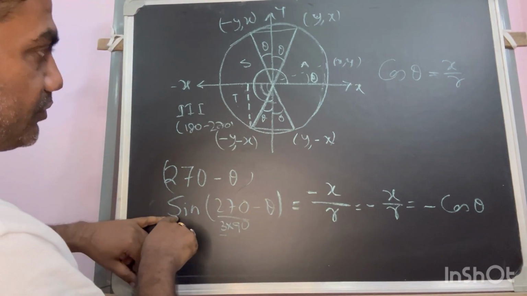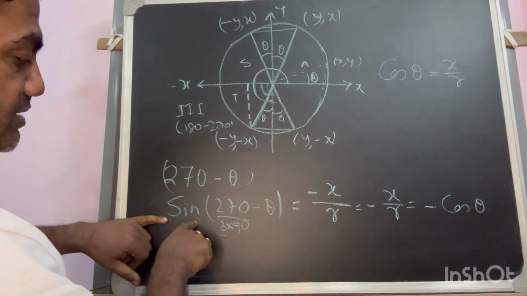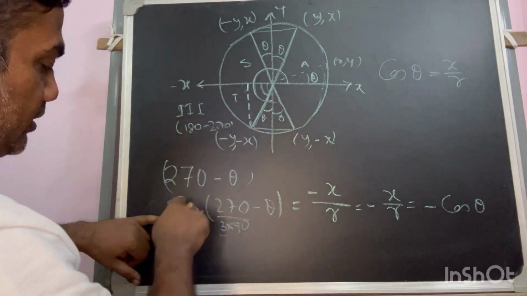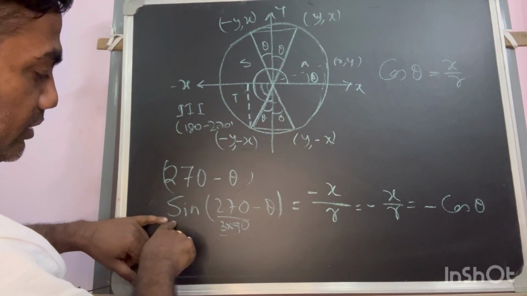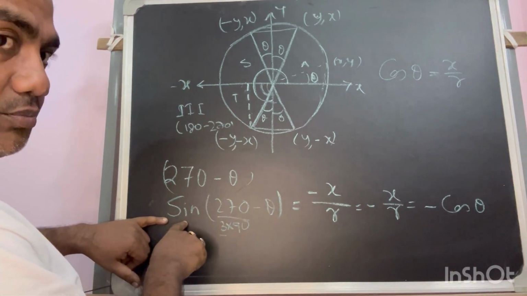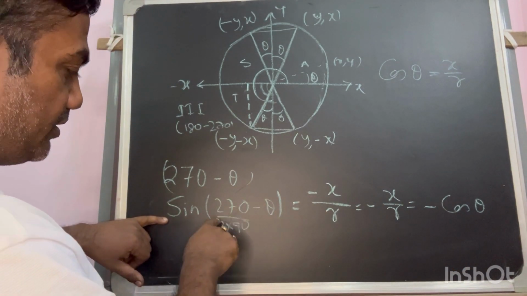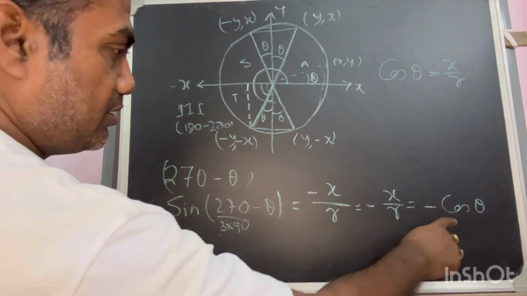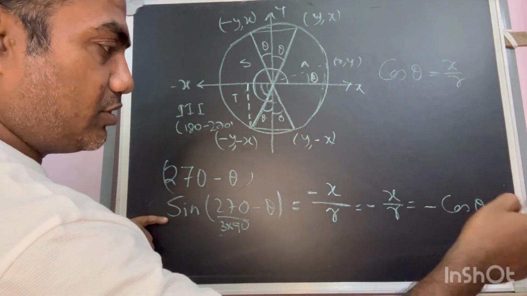So for selecting the sign according to the coordinate, I have to look into this ratio, not this cos, with the principal one. So the sign of this rule will decide whether it will be the same or reverse.